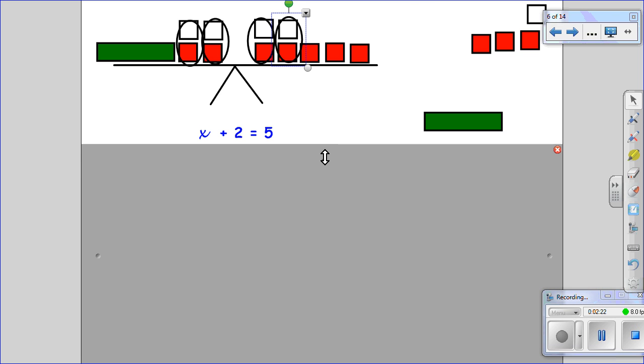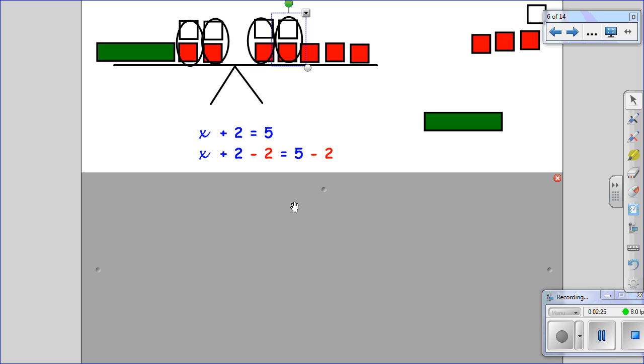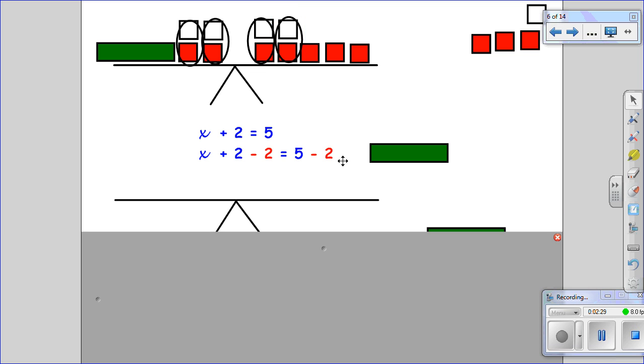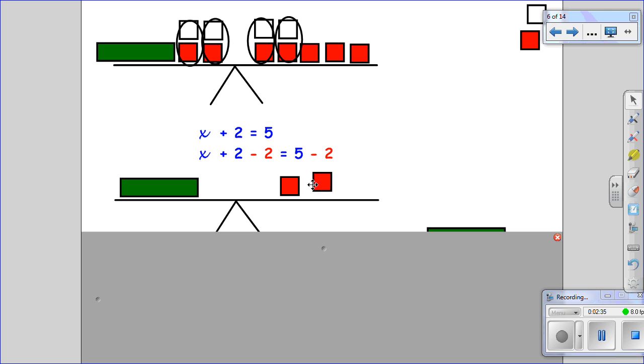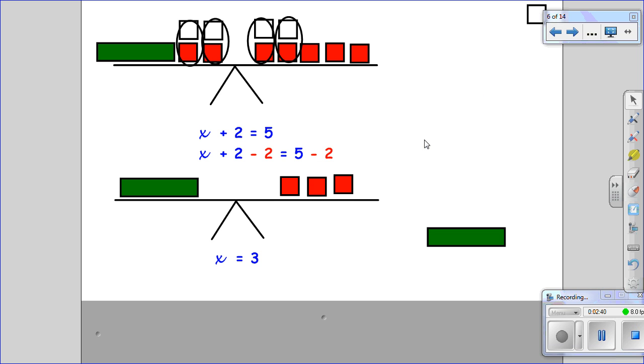So what did I do to both sides? I added negative 2 to each side. What's left? I've got an x on the left, and I've got 3 positive 1s on the right. So x is 3.